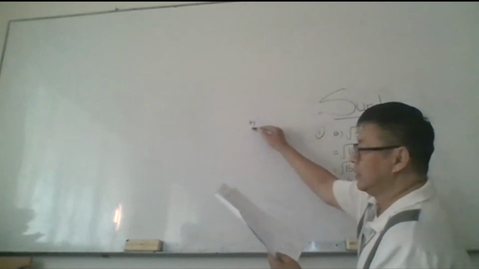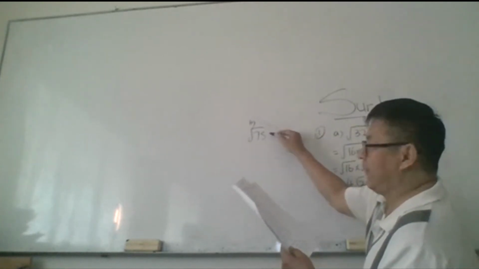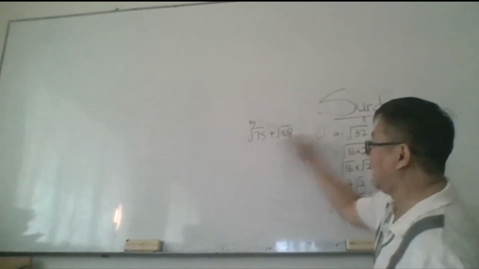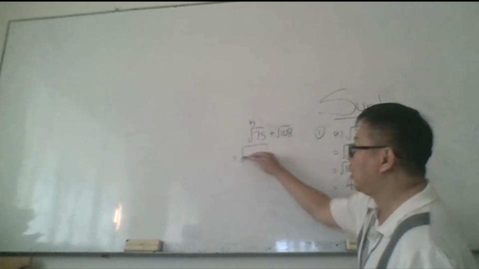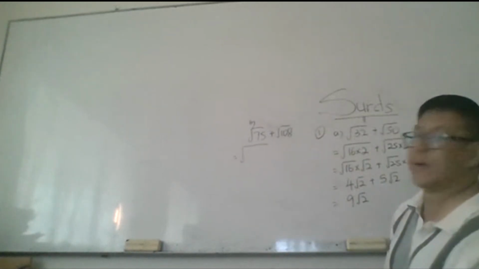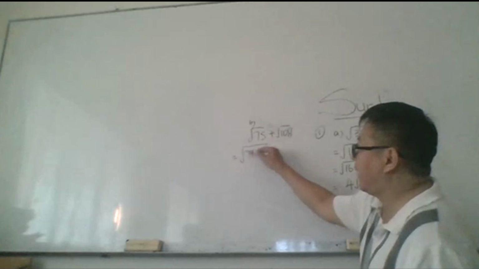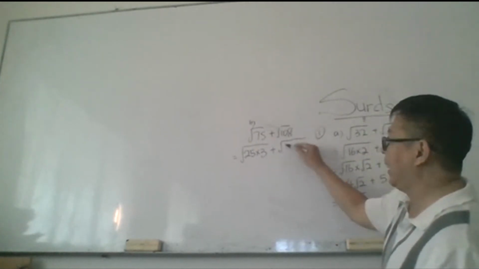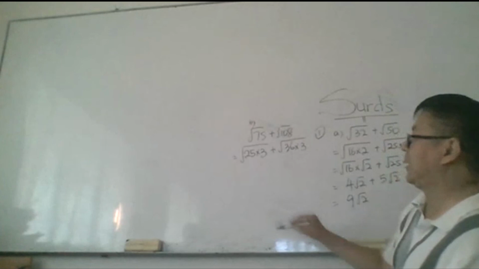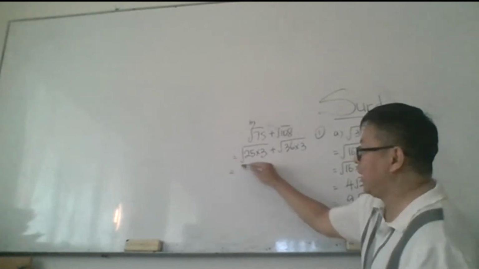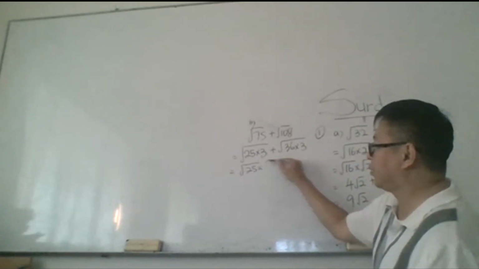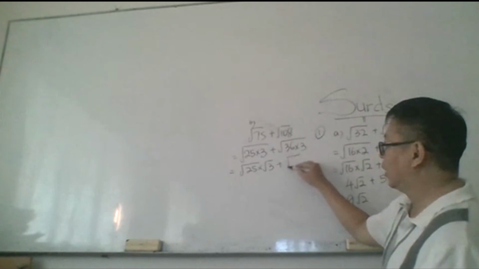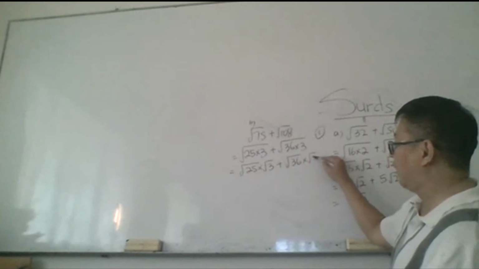The second one is square root of 75 plus square root of 108. First of all, think about your perfect square. 75 usually is 25 times 3, and 108 is 36 times 3. Then I will split into square root of 25 times square root of 3, and square root of 36 times square root of 3.